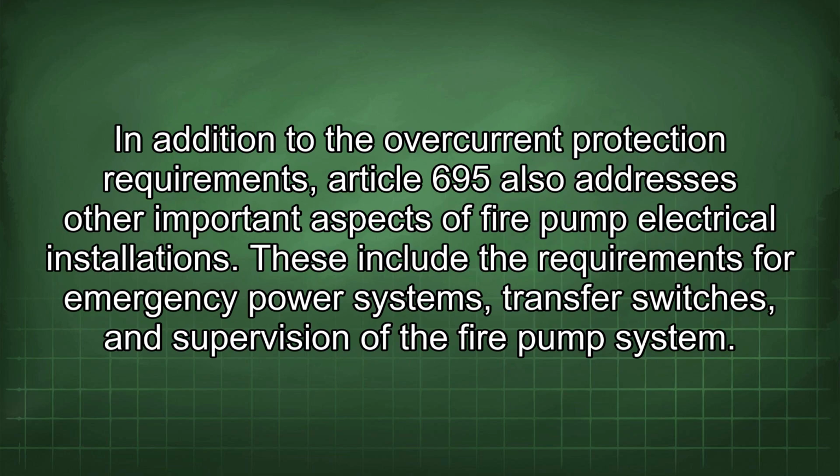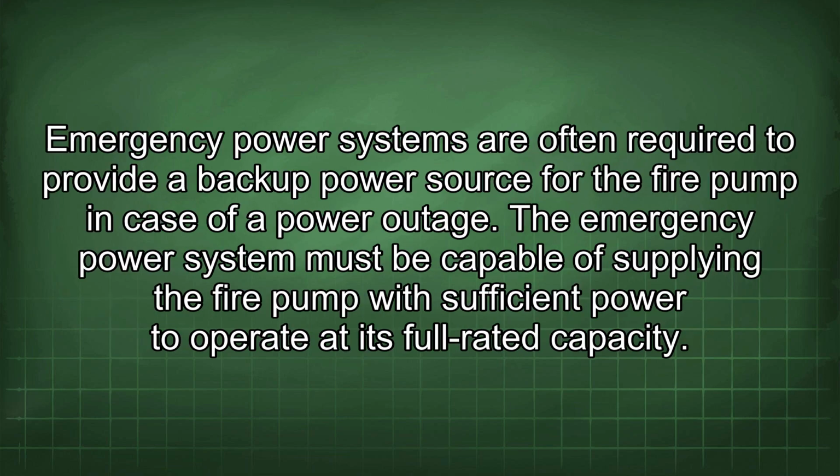In addition to the overcurrent protection requirements, Article 695 also addresses other important aspects of fire pump electrical installations. These include the requirements for emergency power systems, transfer switches, and supervision of the fire pump system. Emergency power systems are often required to provide a backup power source for the fire pump in case of a power outage.